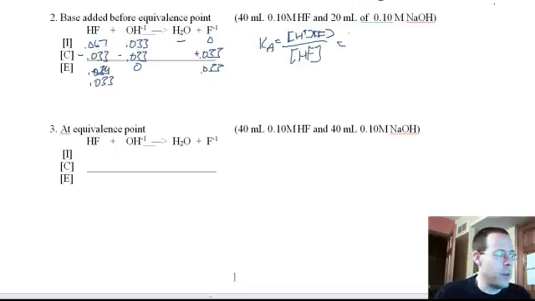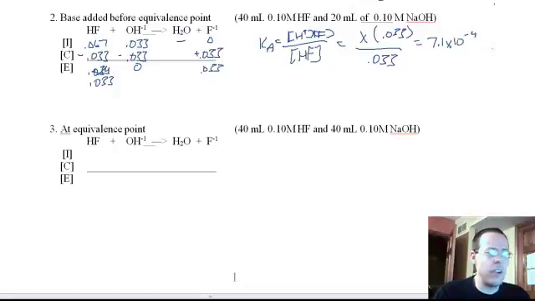Our H⁺ we don't know, it is not in our balanced equation over here, so it is going to be our X. And we're going to put our 0.033 in for our F⁻, divided by 0.033 down here, even though we have written 0.034, just because of rounding. And we're going to set that equal to 7.1 times 10 to the negative fourth, because that is our Ka for HF. So notice these cancel, and X simply equals 7.1 times 10 to the negative fourth.